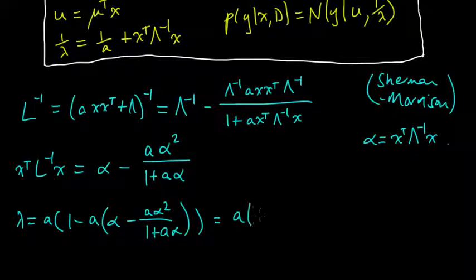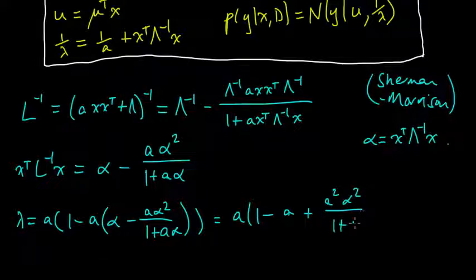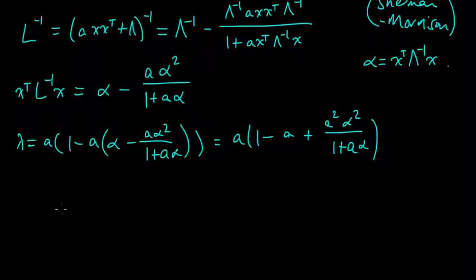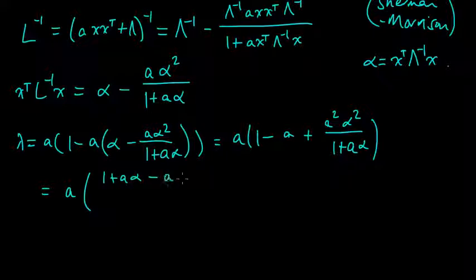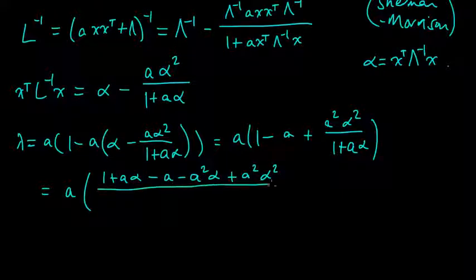A times 1 minus A squared alpha over 1 plus A alpha. That's right, I think. Then let's multiply to get a common denominator. We get 1 plus A alpha minus A squared alpha plus A squared. Oh, alpha squared? What's going on? It's unfamiliar.